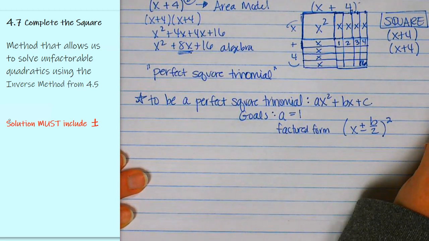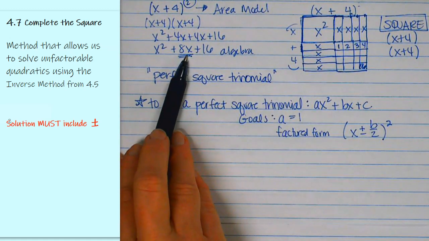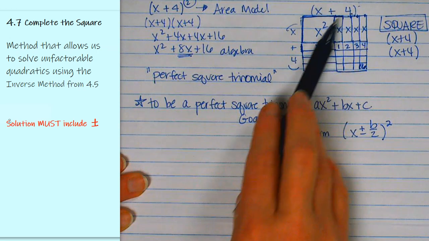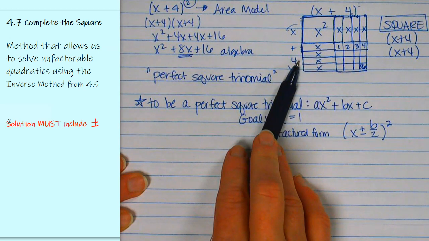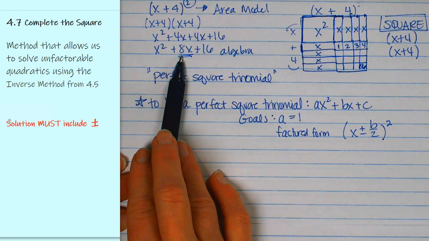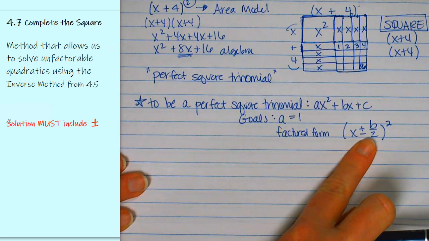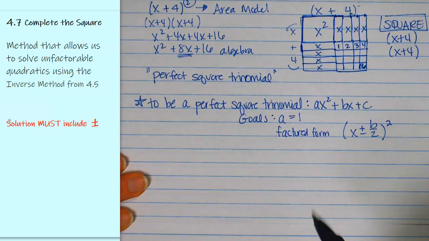Okay? And that's because if the sides are going to be the same, if this number is 8, this has to be 4 and 4. The sides have to be the same, and the same number has to add up to 8. So it has to be the middle number divided by 2. 8 divided by 2 is 4. So right here in this factored form, it's going to be b over 2.